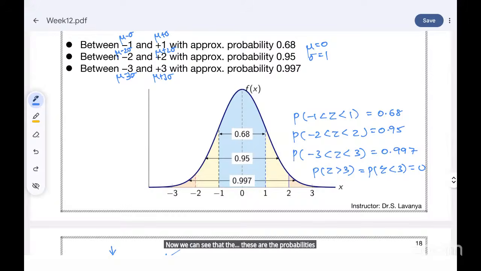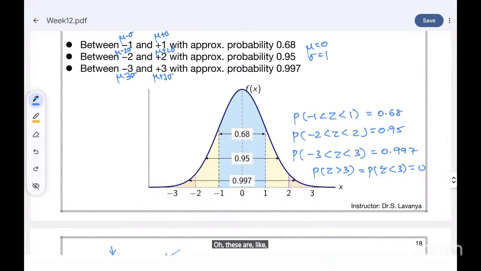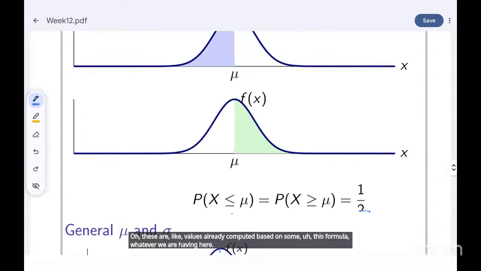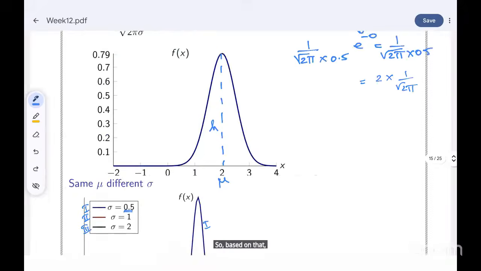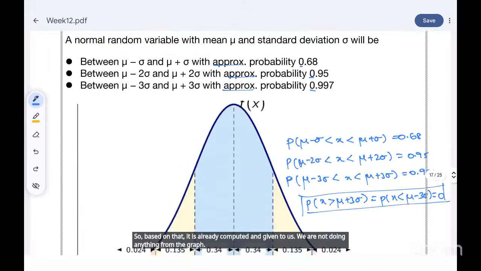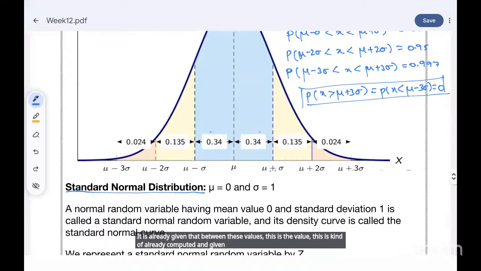Oh, these are values already computed based on the formula we have here. So it is already computed and given to us. We are not doing anything from the graph; it is not derived from the graph.